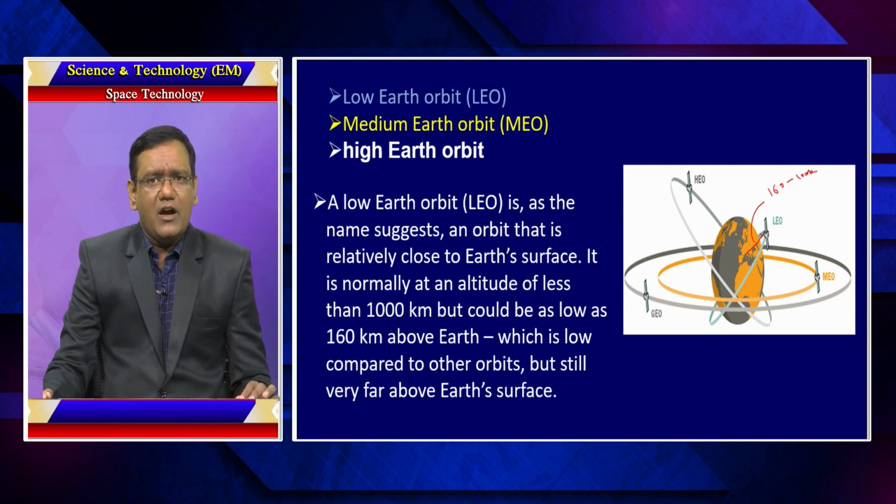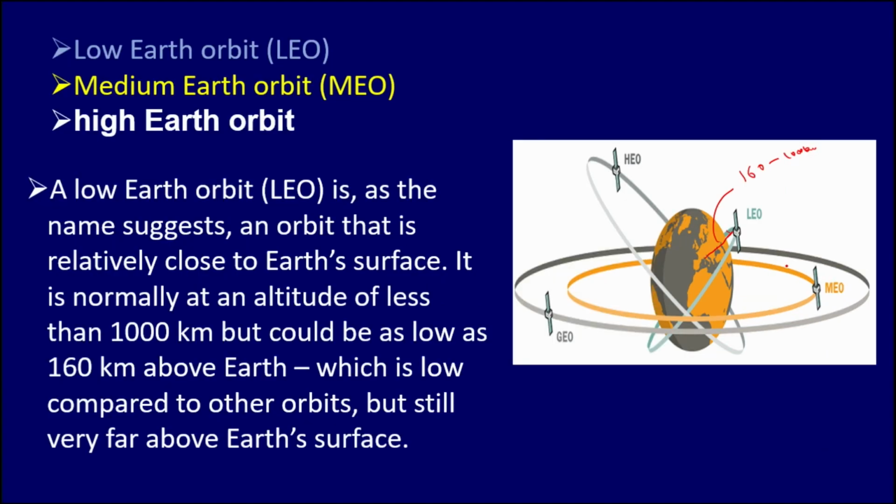So any orbit that is between 160 to 1000 kilometers from the Earth, we call that orbit a low Earth orbit. Which is very low compared to other orbits, but this 160 is not very, very low.